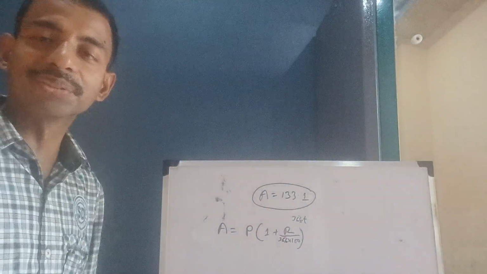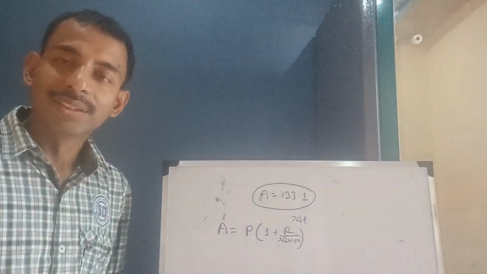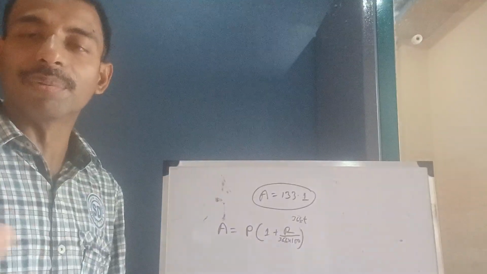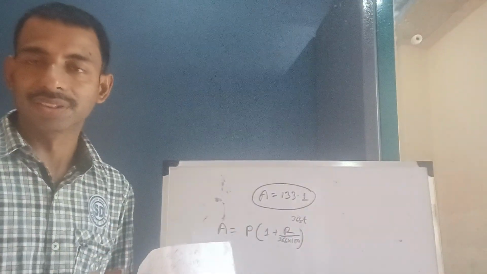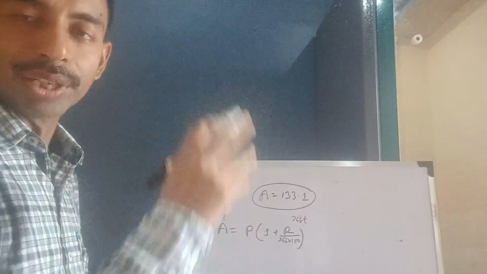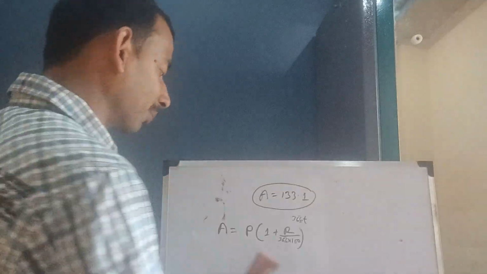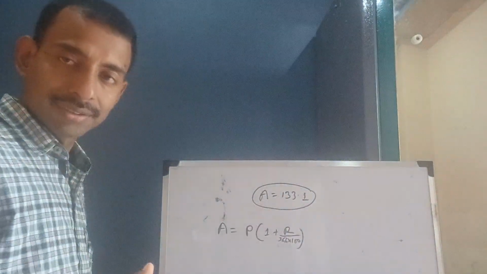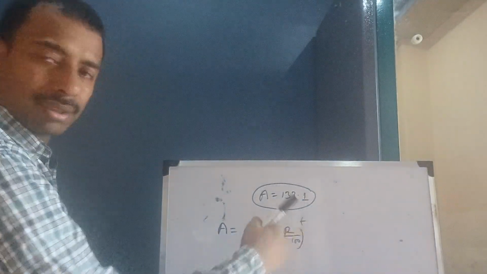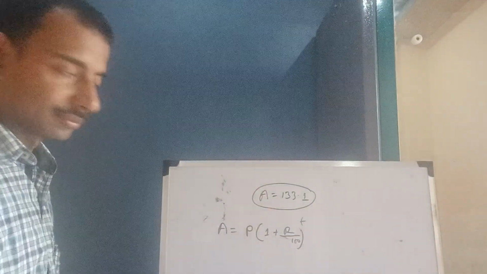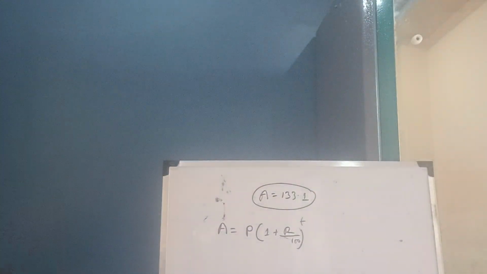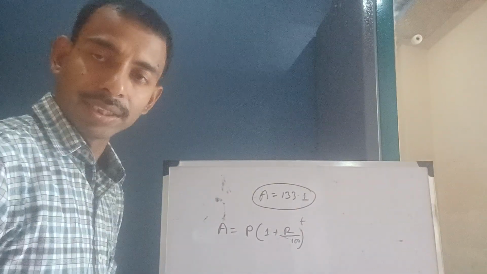This way you can calculate accumulated per hour, whatever it is. If nothing is mentioned, simply put n equals 1. If it is once in a year, the formula would be t, and here also r by 100, because multiplying by 1 gives the general formula, n into t over n into 100.